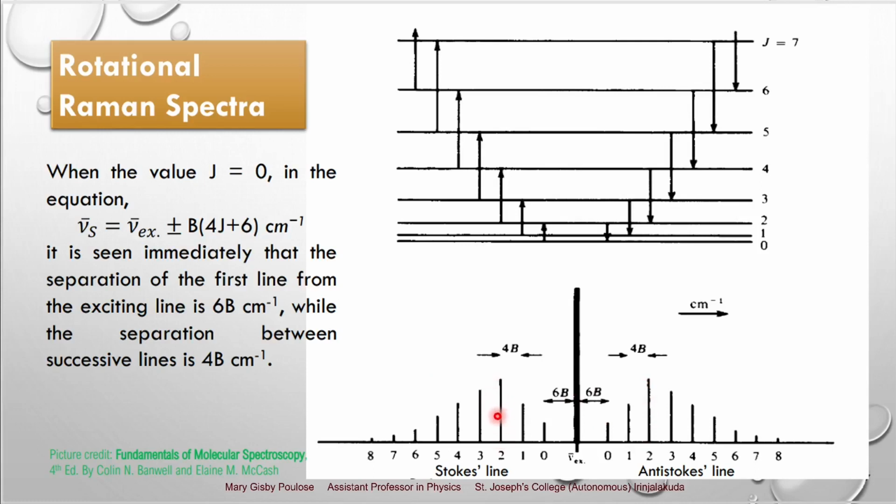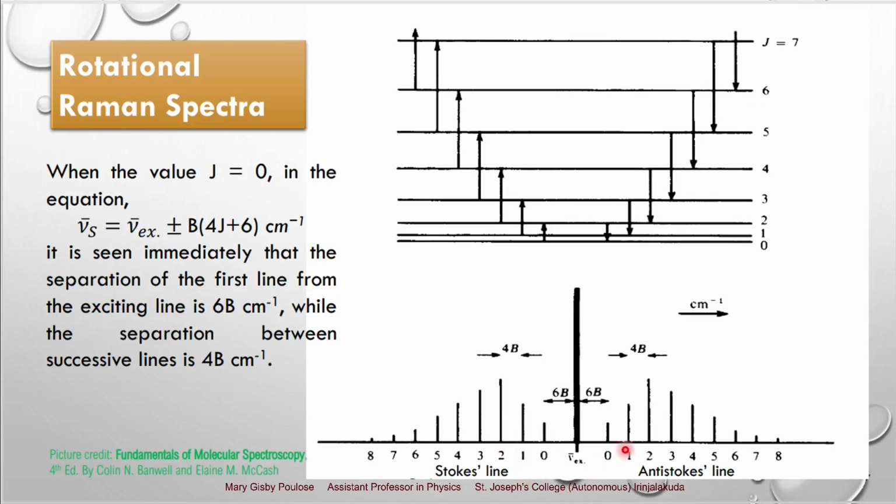Now let us calculate the distance between these anti-Stokes lines or the Stokes lines. Here the first line is at 6B, the second line is at 10B and the third line is at 14B. Hence the distance between these anti-Stokes lines is 4B. Likewise, on the Stokes Raman lines, the distance between these lines is again 4B.